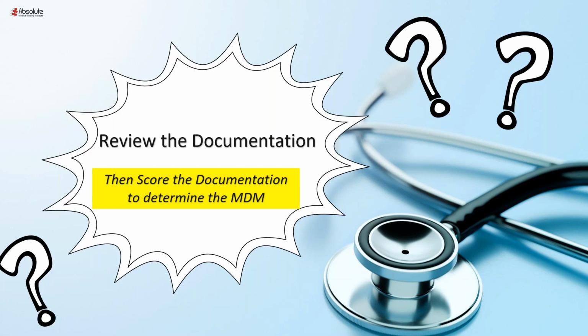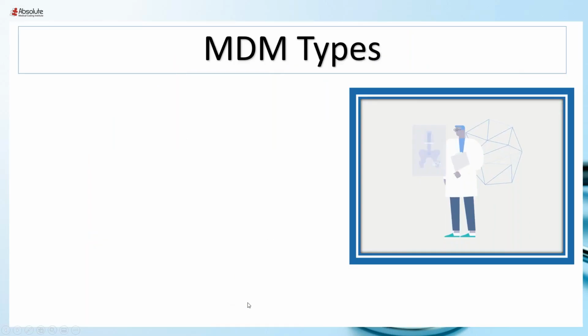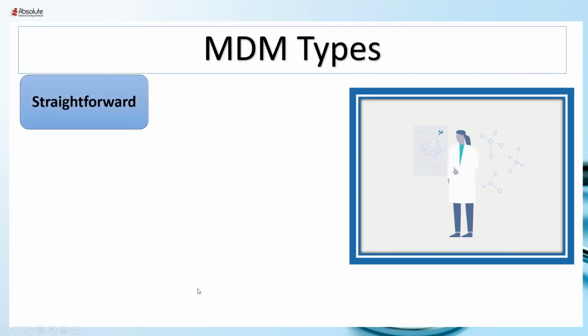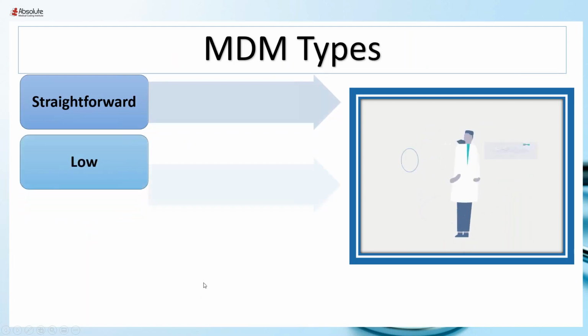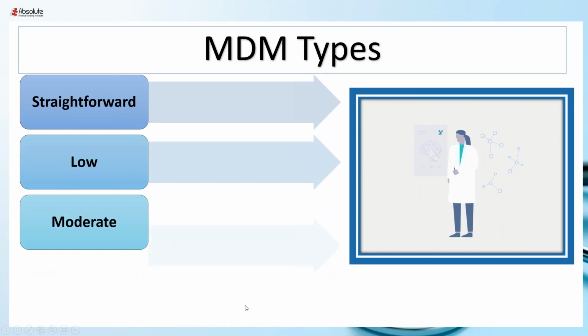In other words, the medical decision making of an office visit can determine the level of service or that code. So, what are the types of level of service for these MDMs? Well, we have a straightforward, a low, moderate, and high.